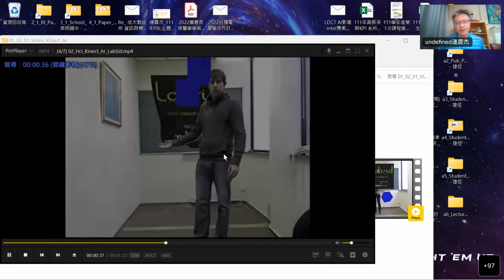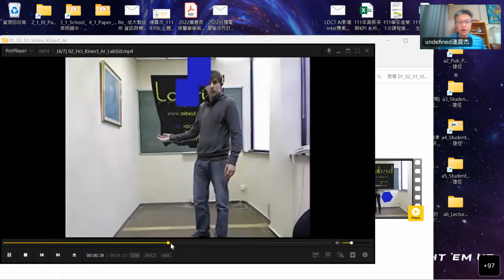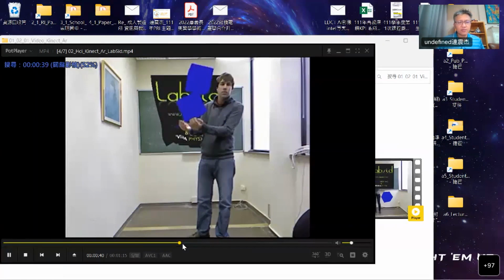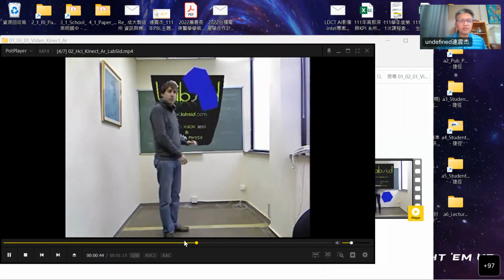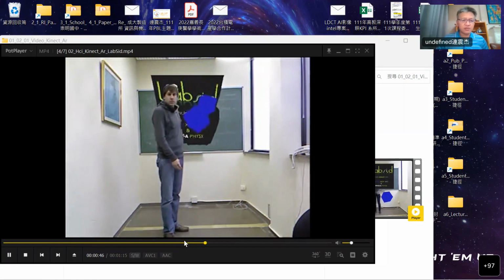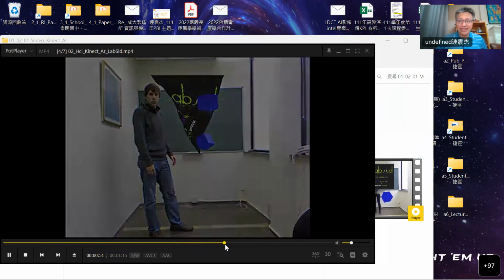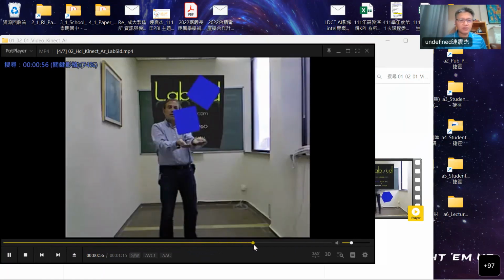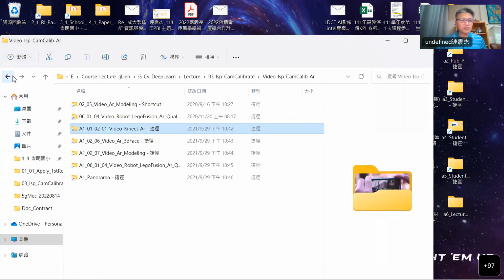So you see the depth, right? This is the depth: the background, foreground, and the unreal object. So we can do that. This is not difficult. That uses an RGBD camera. Okay, back to here.